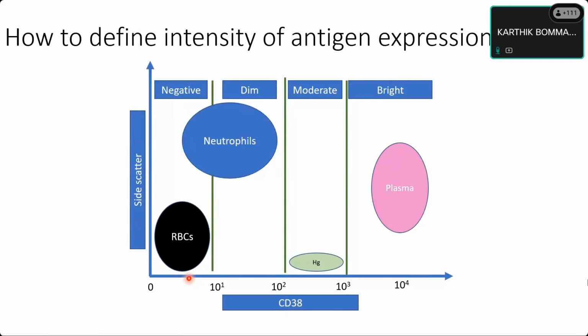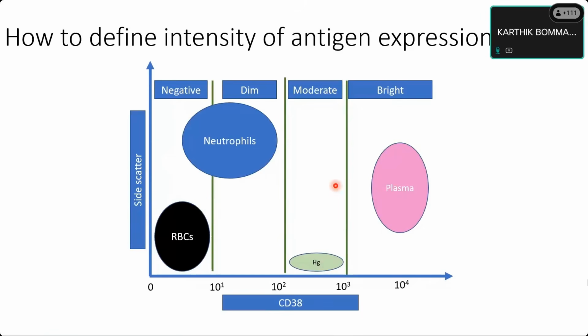So RBC intensity is 0. Plasma cells have 4 log excess of expression intensity of CD38. This is called bright expression. Next come your hematogones or your monocytes. Those cells will have moderate CD38 expression. And neutrophils will have expression between your negative cells and your moderate cells. It's called dim expression, right?